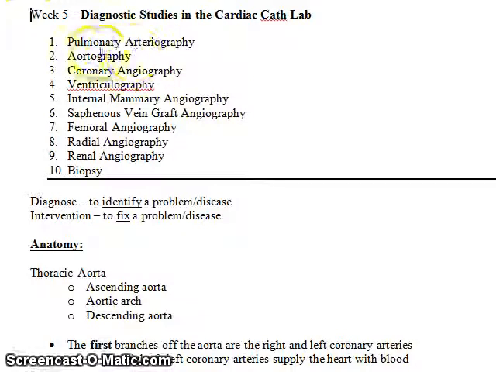You need to know the anatomy of the aorta, the anatomy of the coronary arteries. You need to know those terms that have been introduced, atherosclerosis, intimal hyperplasia. You need to know the ventriculogram, what it looks like, the internal mammary artery, the saphenous vein graft. If someone were to ask you what a saphenous vein graft is, have an idea of what that is.